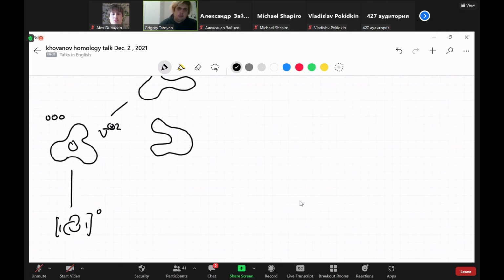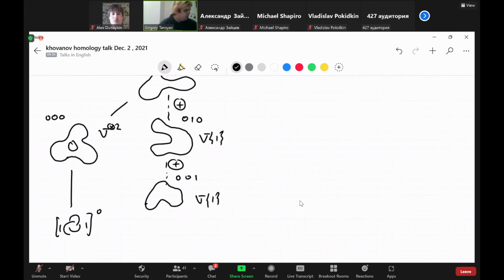Here we have the 1 component. So we should sum them up like this. Here we of course have once again V shifted by 1. Here V shifted by 1 as well. And so that's the component of degree 1.